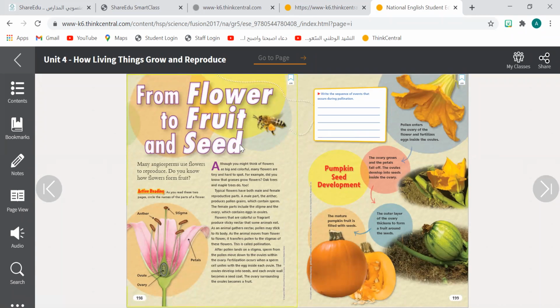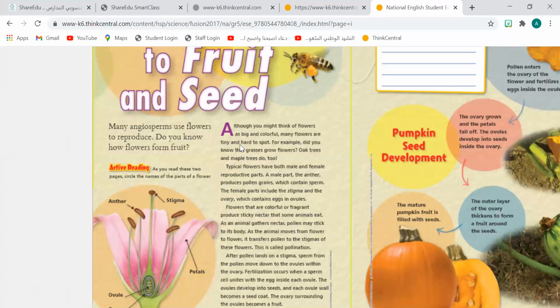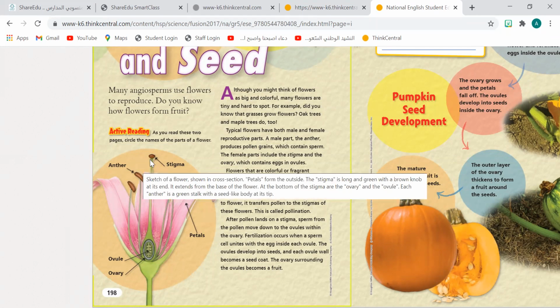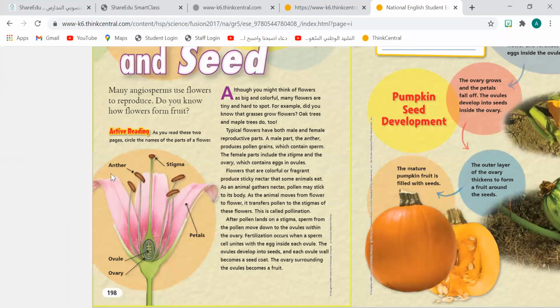From flower to fruit and seed. Remember the flower parts over here? We have the petals. These are the colored parts. And then we have the anther and stigma. Which is the female and which is the male? Is it the anther or the stigma? The anther is the male.